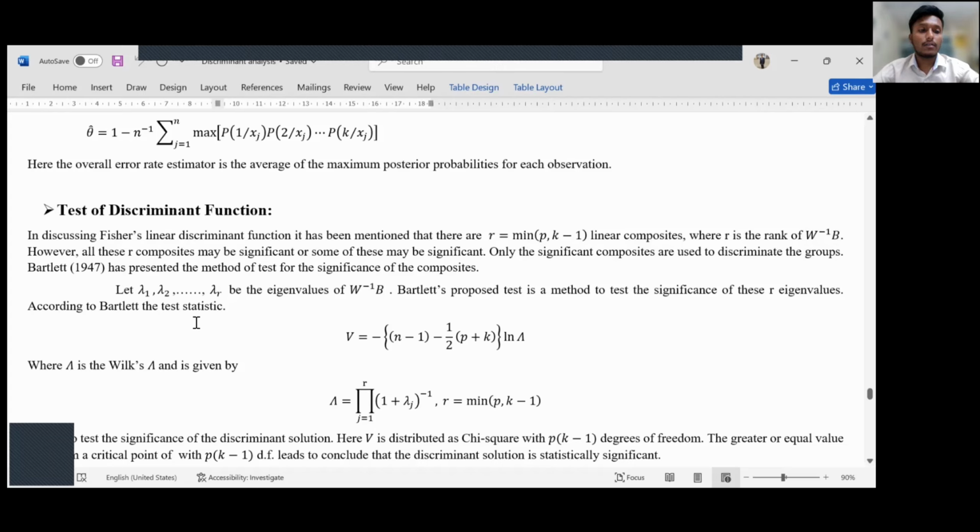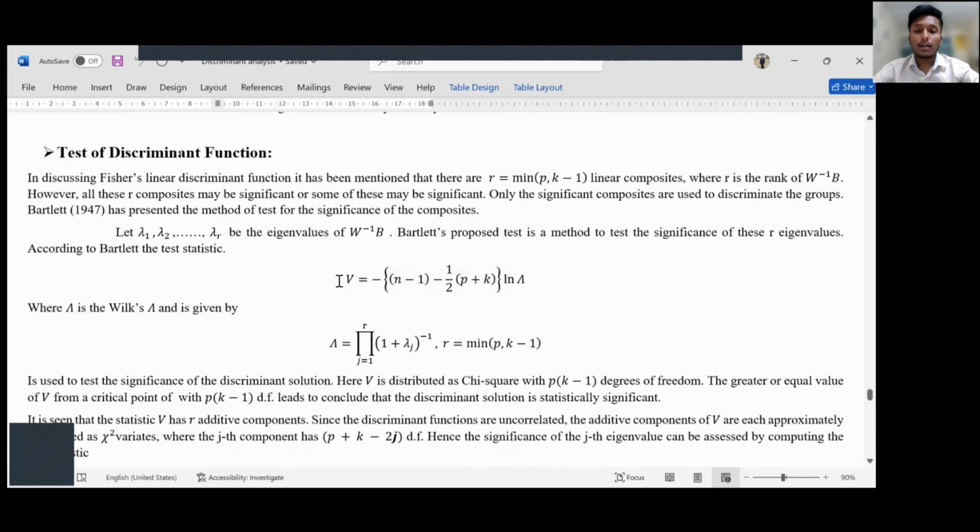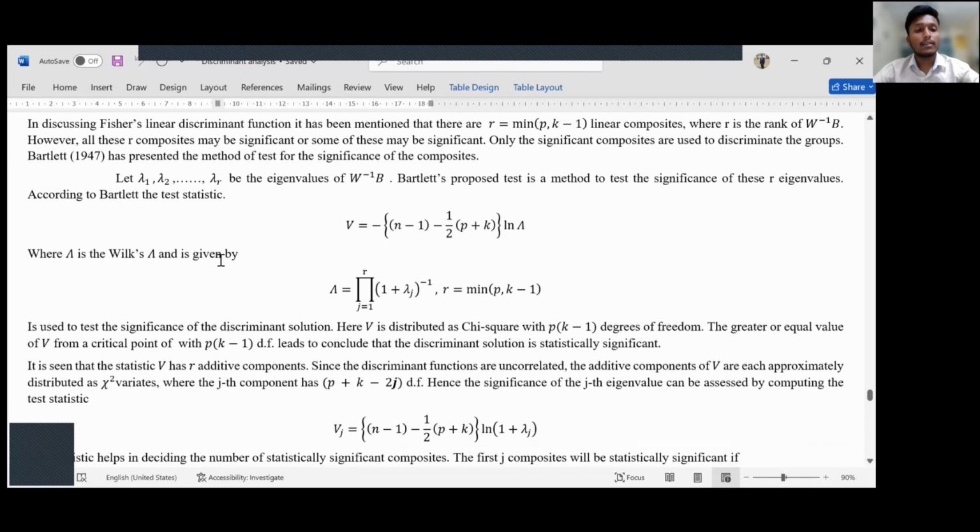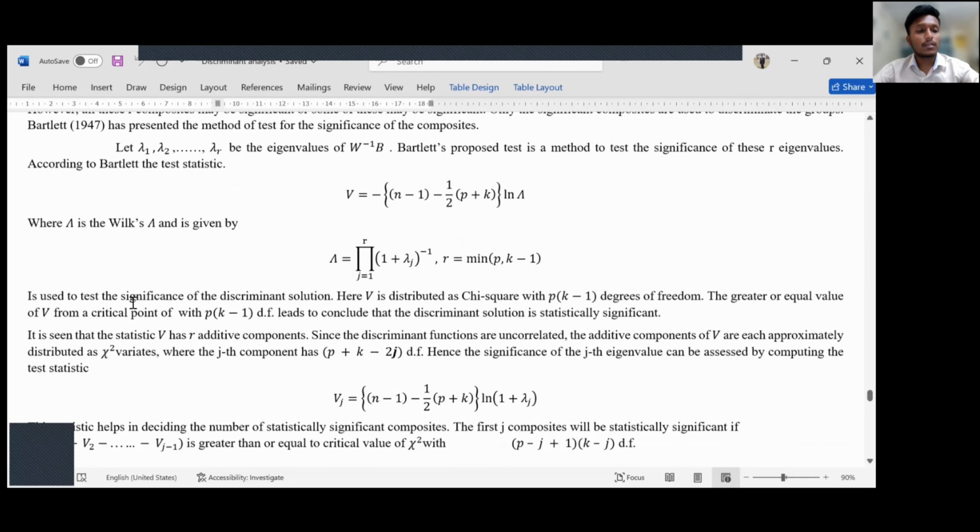According to Bartlett, the test statistic V, our chi-square variate, is equal to minus of n minus 1 minus 1 divided by 2 of p plus k, ln lambda, where lambda is the Wilks lambda and is given by lambda equal to the product for j equal to 1 to r of 1 plus lambda_j inverse, with r equal to the minimum of p comma k minus 1. It is used to test the significance of the discriminant solution.